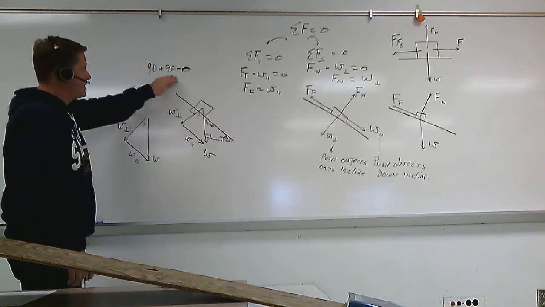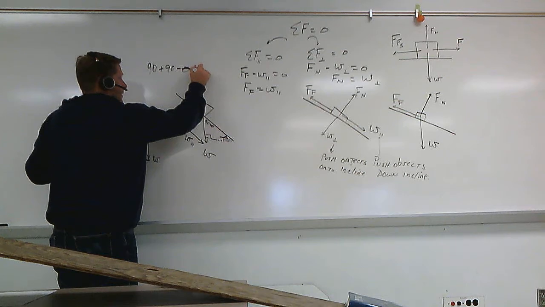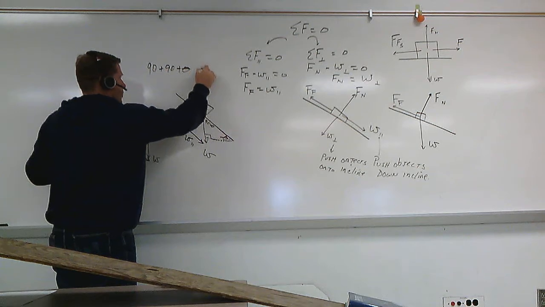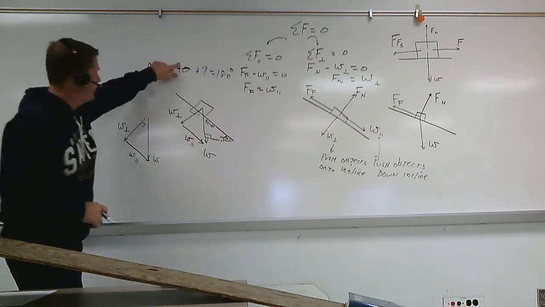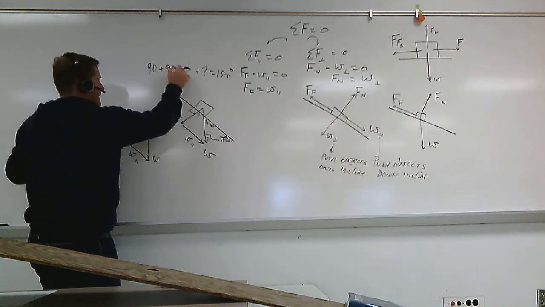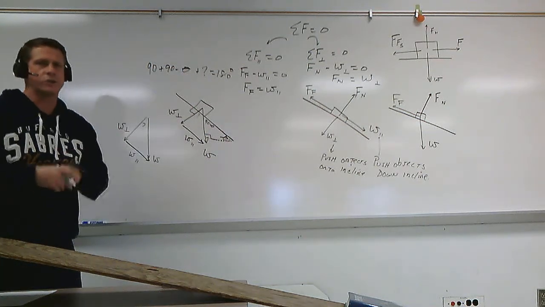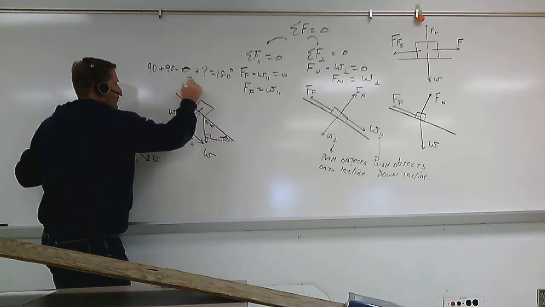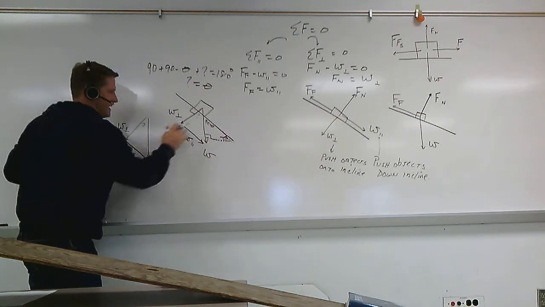So 90 plus 90 minus theta, plus question mark must equal 180 degrees. Well, guess what? The only way to get all this to add up to 180 degrees is that question mark must equal theta.